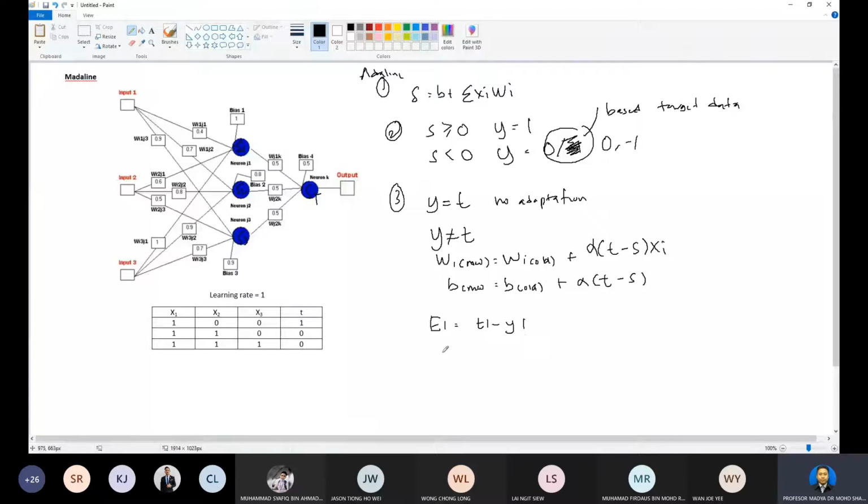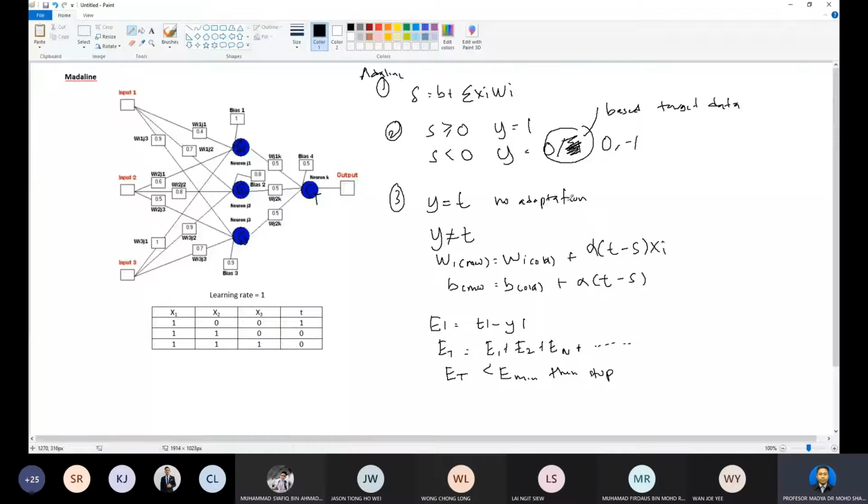The total error is iteration 1 plus iteration 2 and so on up to n. Then compare E total with E minimum. If E total is less than E minimum, you can stop the iteration.